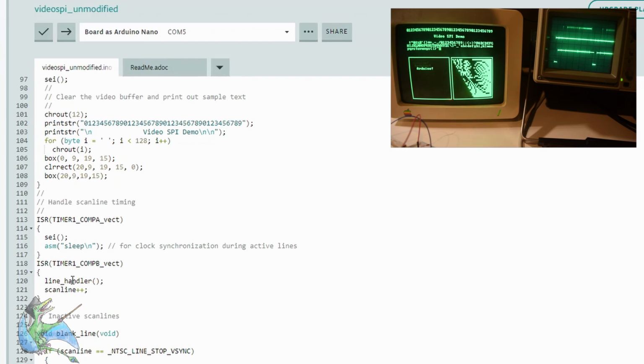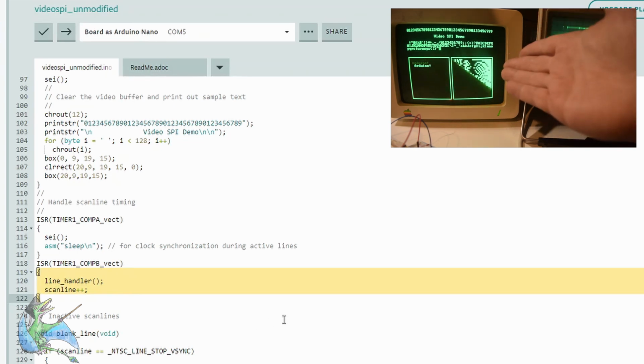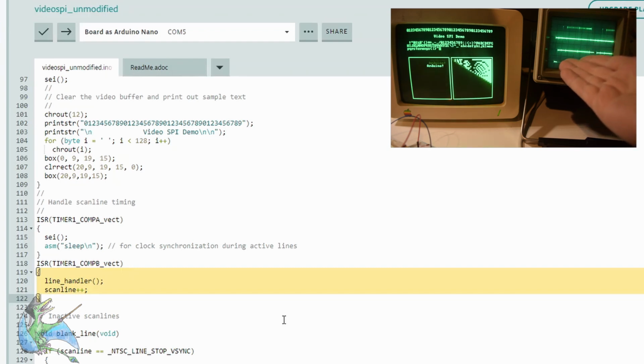Then when it pops back up, it runs the line handler, which is actually a pointer to a function, which either outputs blank lines, outputs the vertical sync signal, or outputs the video, and then increments.